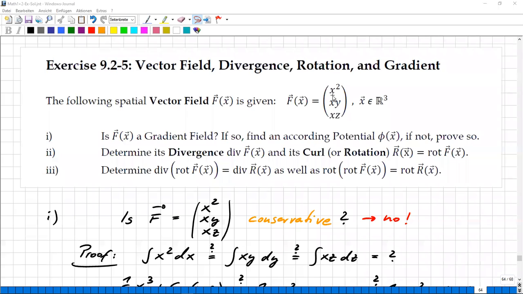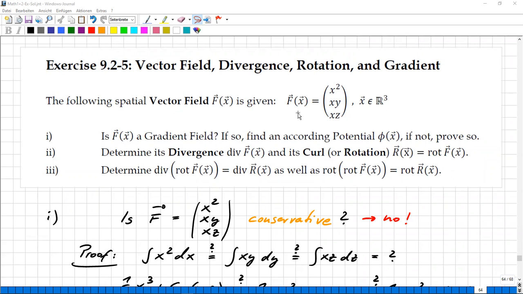But imagine two possibilities. Either the rotation is the null field, it's 0 everywhere, or it is not. In any case, there is a certain method of trying and finding a valid potential.